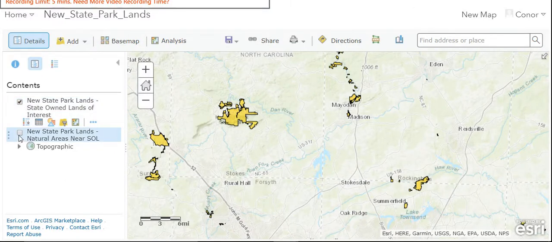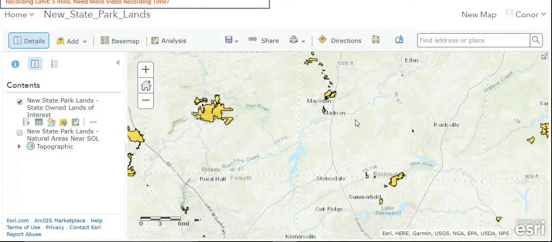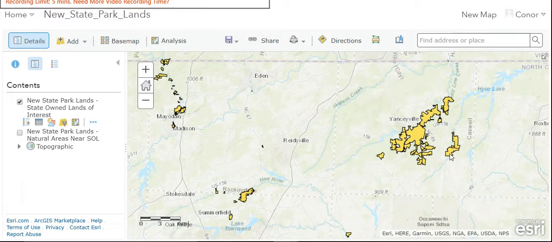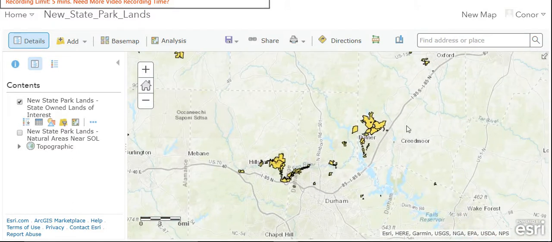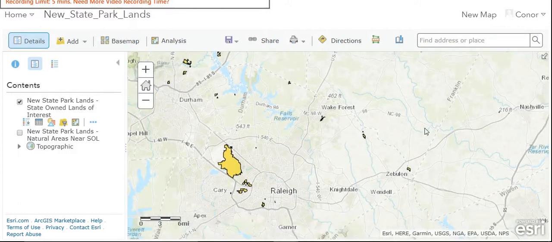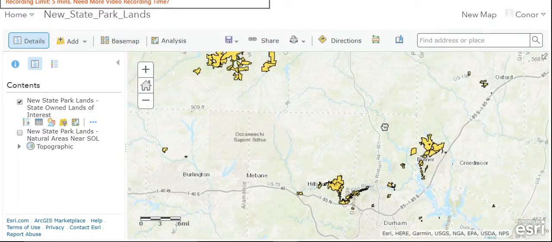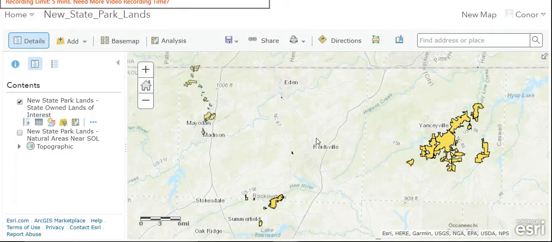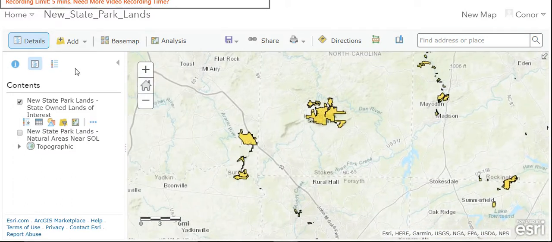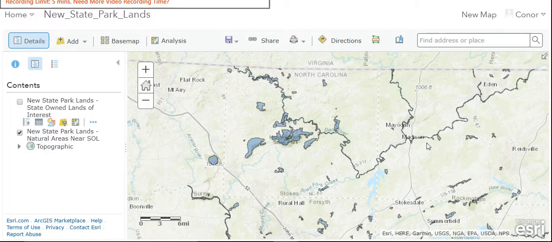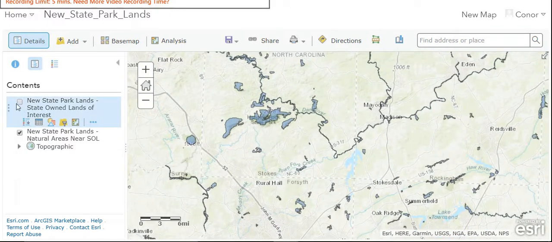These are state park lands that currently exist. They're a little fragmented here. There are state-owned lands, including state forests, state parks, things like that. And my other layer is state significant natural areas from the NC Natural Heritage Program. So that's my data so far.